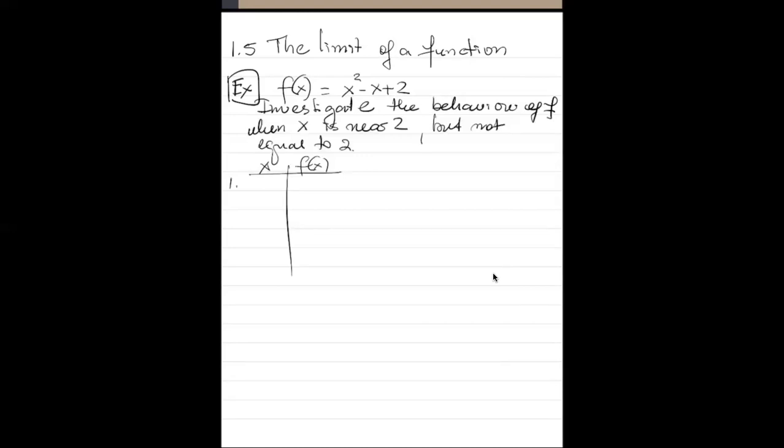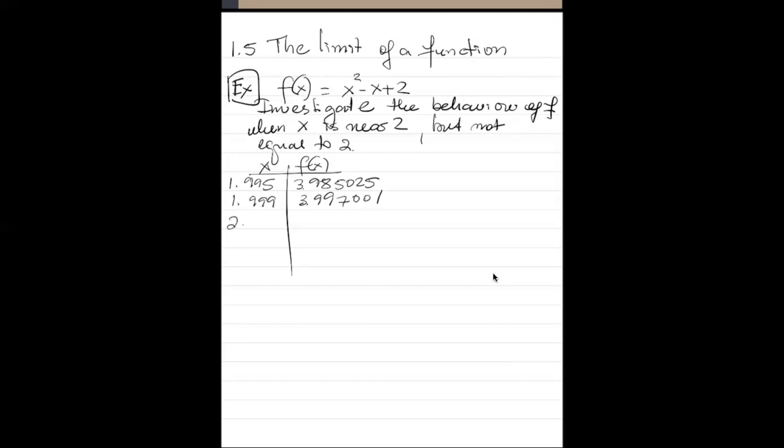Let's start with values less than 2, 1.995. And if we substitute it in the function, we'll get 3.985025. If we have x equals 1.999, even closer to 2, the y value is 3.997001.